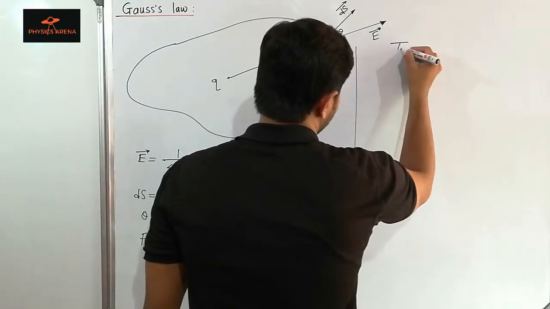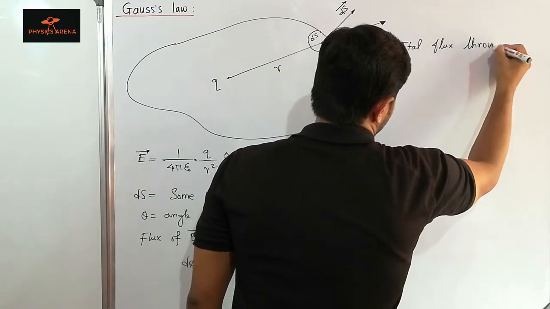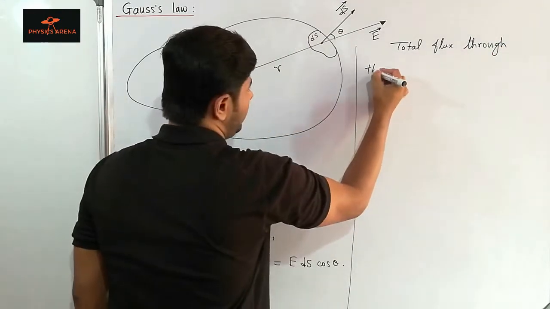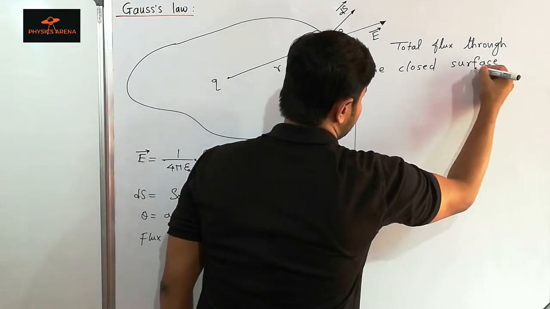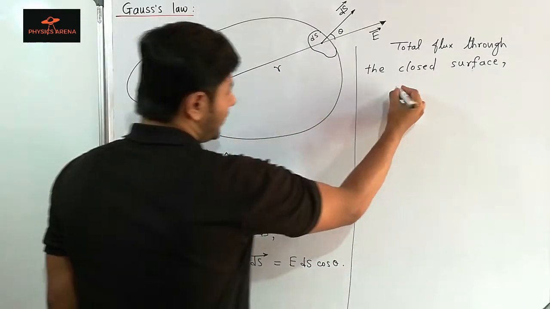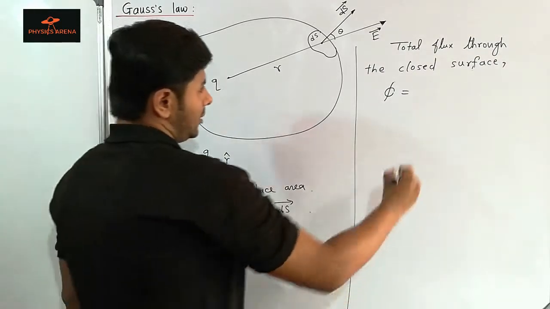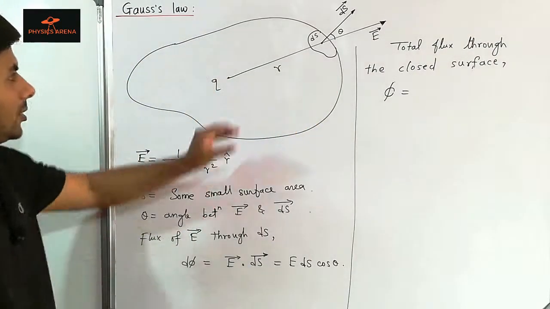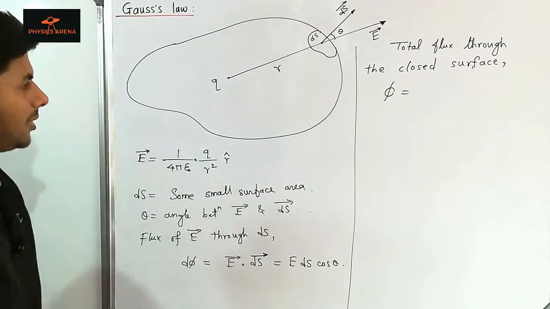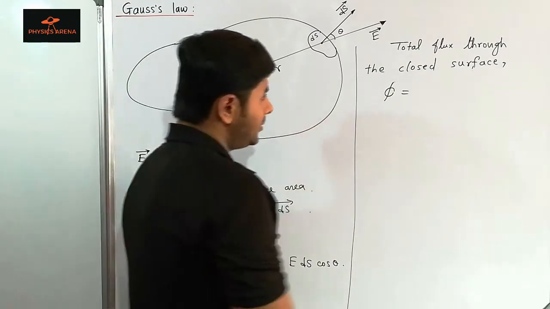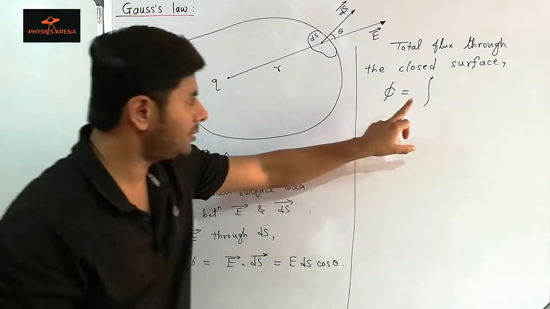So the total flux through the closed surface, I can say phi, is equal to the sum of flux through each and every small region ds taken over this closed surface, and that's why the total flux should be equal to the continuous sum, and therefore we take this integral.